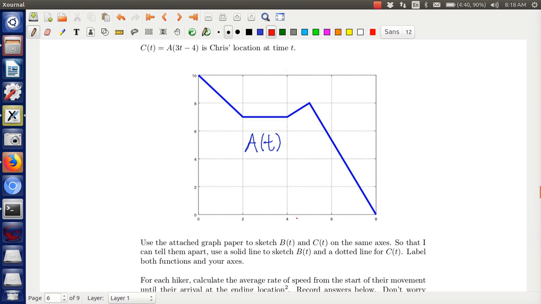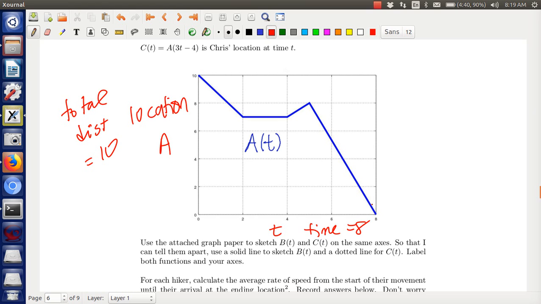Anyway, this is your independent variable and this is your dependent variable. So here's your location or your distance, whichever you prefer. Okay, so if you just look at the total distance, it is equal to 10 and the total time is equal to 8.